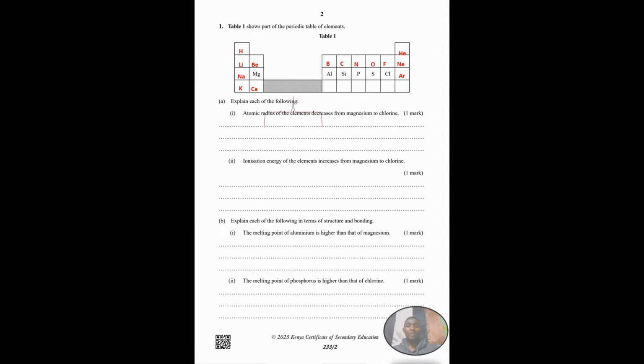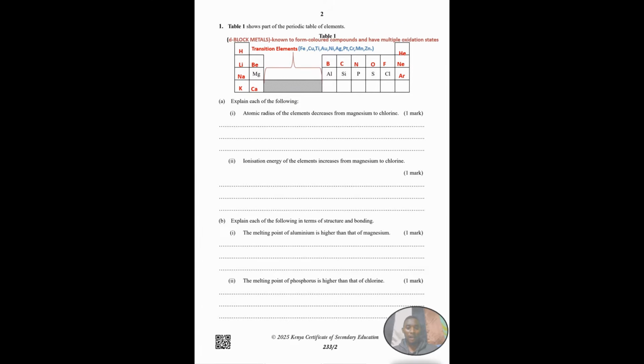Within this periodic table, we have special elements that are found in between the second and the third group of the periodic table. In this particular region, we have elements that we call transition elements. These include iron, copper, tin, gold, lead, platinum, manganese, zinc, and so forth.